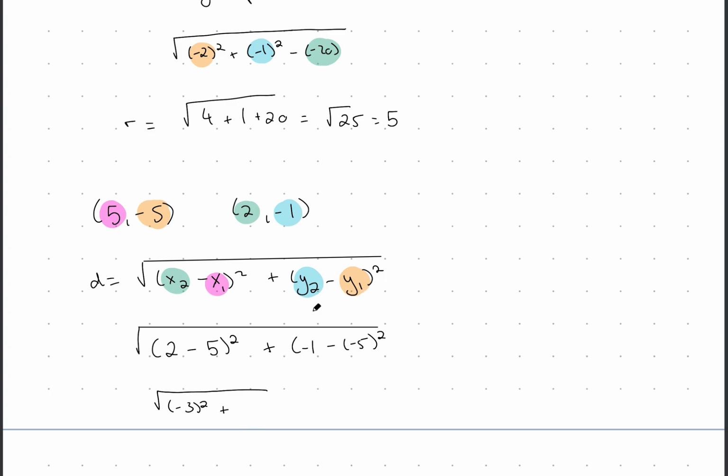Then here is going to become minus 1 minus 5, which actually becomes plus 4 inside there, and what we will get inside here is the square root of 9 plus 16, which is the square root of 25, and the square root of 25 is 5. That value worked out to be the exact same as the radius value, so because the radius is equal to the distance, the point is on the circle.